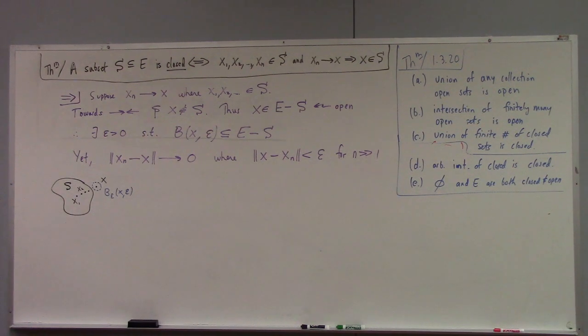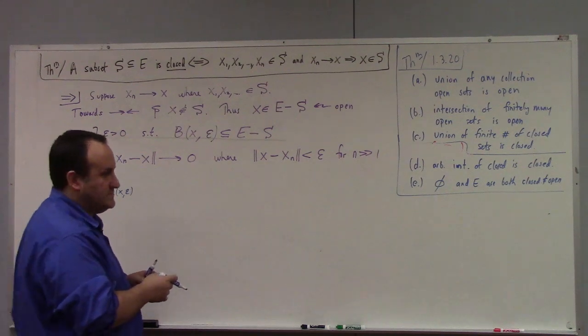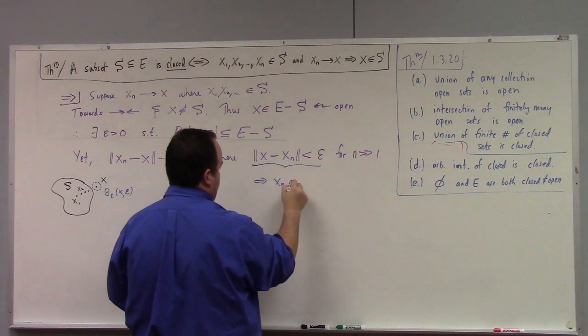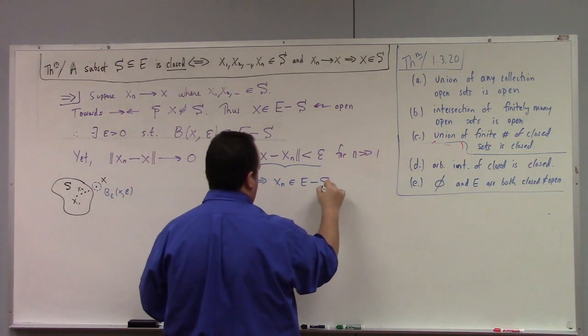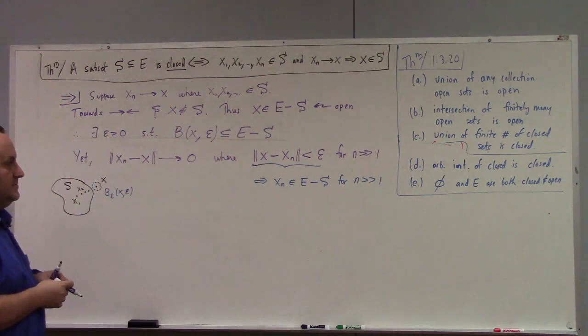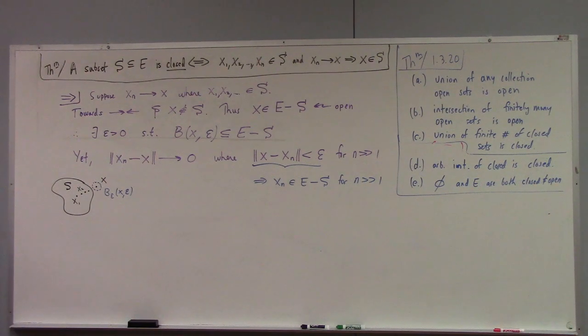What exactly is the contradiction? Because there exists an n where the norm is greater than epsilon. I think what this says is that xn is an element of E minus S for n sufficiently large, right?